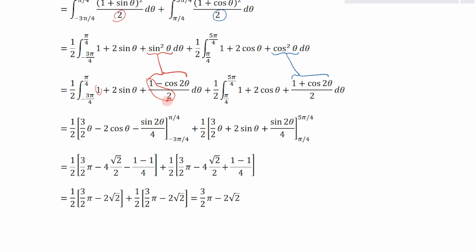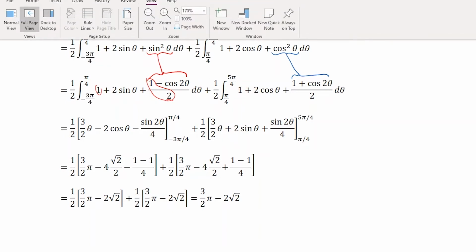This 2 was in the denominator, but because of this 2 it becomes a 4, and then the endpoints are the same, then plus 3 over 2 came from the same thing as before.